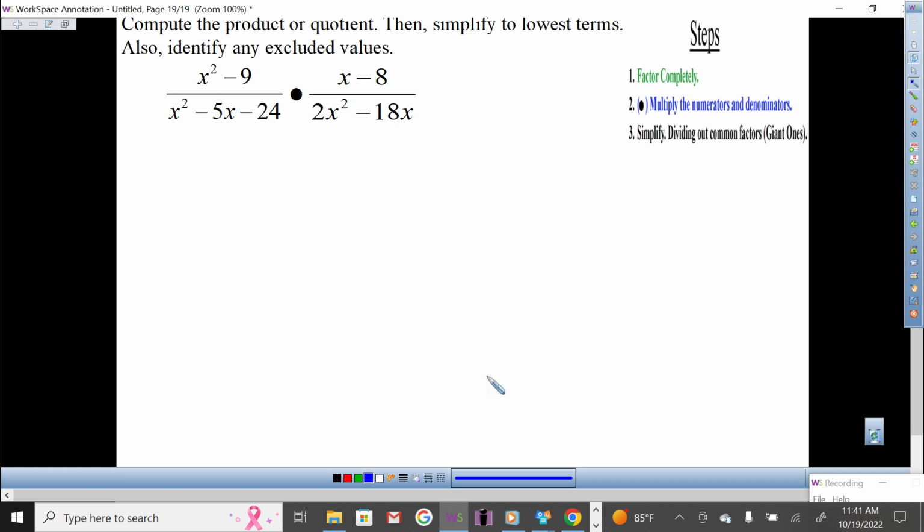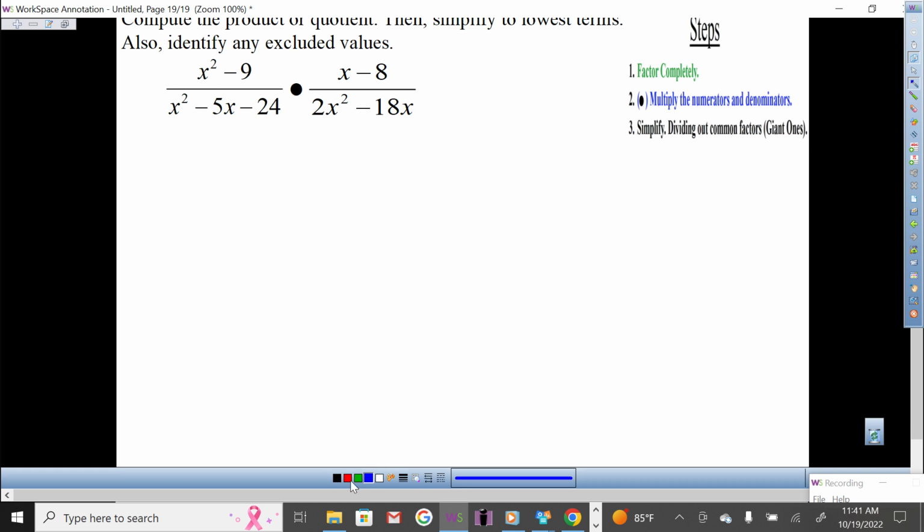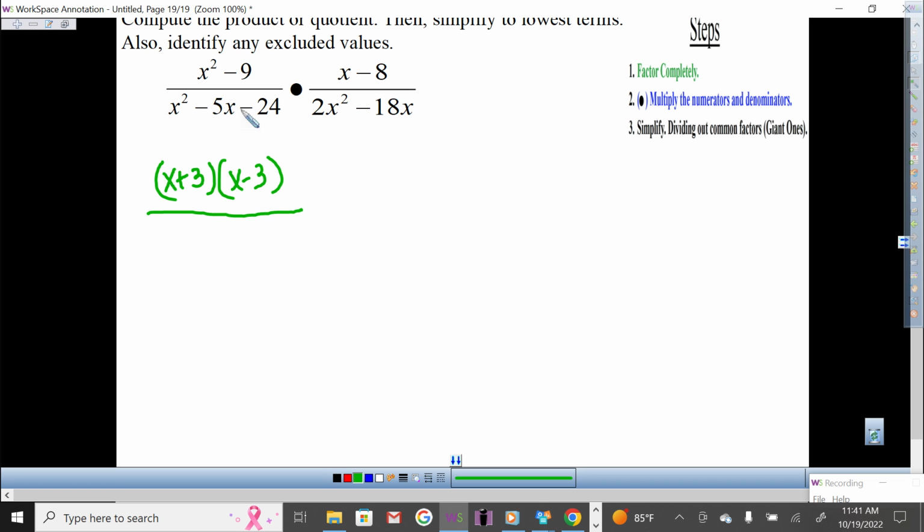All right, so start with the first fraction. Numerator. We got x squared minus 9. It is in standard form. There's no GCF, but I need factors. Caleb, factors of x squared minus 9. That is correct. Hands if you got that. All right. Denominator. Is it in standard form? Yes. GCF?